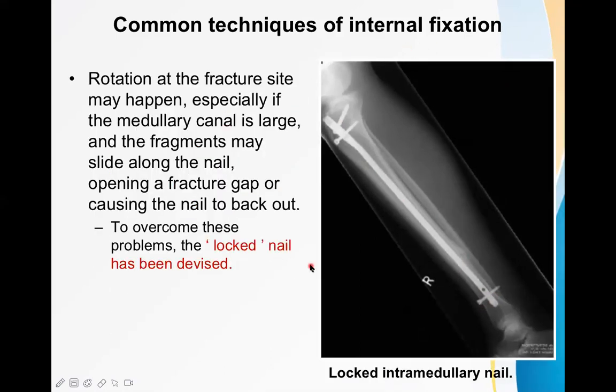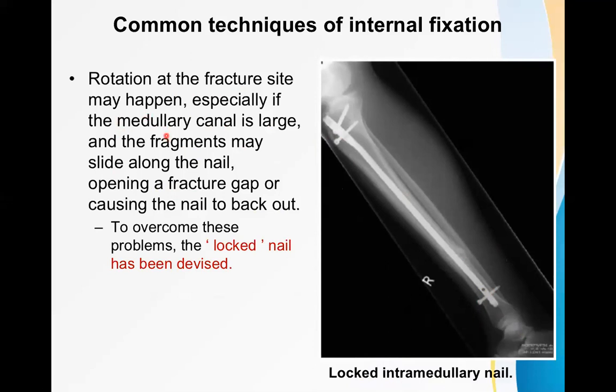Now, what are the advantages of locking these nails? Okay, not every orthopedic surgeon wants to lock the nail, but many of them want to do it. So what is the advantage of locking this nail? See that this is a locked intramedullary nail when you apply some screws at the ends. Rotation at the fracture site may happen if we do not lock it.